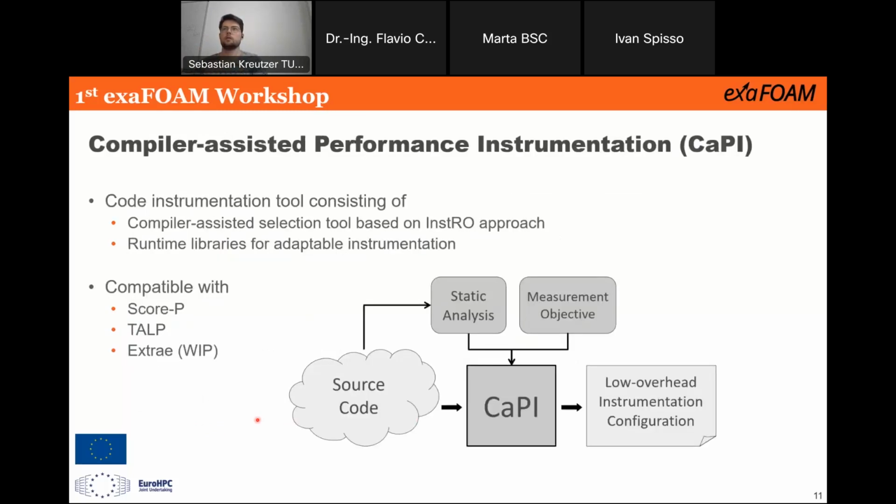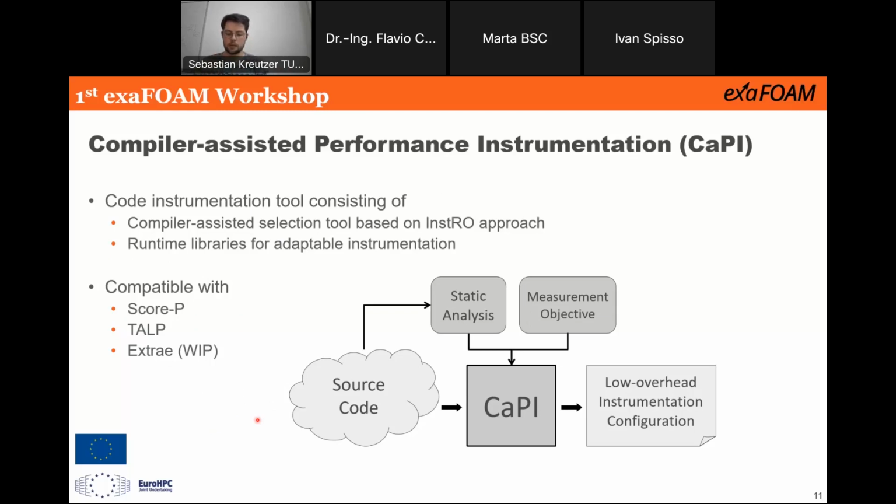So now I want to get into this new approach we're developing, which is the compiler system performance instrumentation tool, CaPI, another, I would say more sophisticated, way of doing the selection.